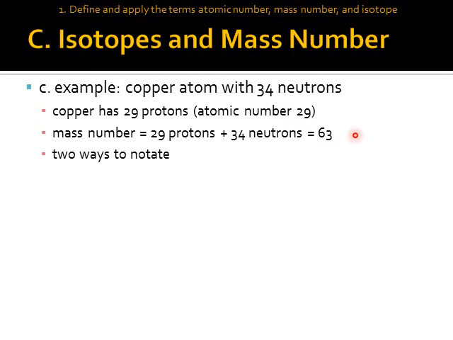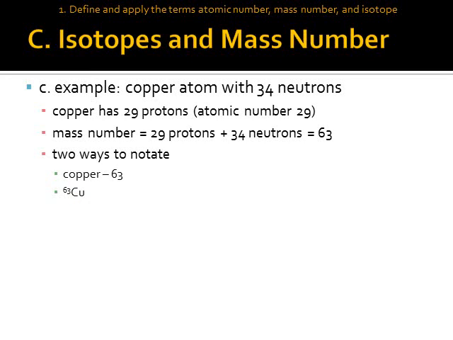Now, it is with this mass number of 63 that I will notate this particular isotope. And there are 2 ways I could do that. The first of which, I could simply write out the element name, copper, put a dash, and then put the mass number, in this case 63, as we've calculated. The other way is to use the symbol for copper, and note that is a capital C, lowercase u, and then we put the mass number as a superscript on the left-hand side, preceding the symbol.